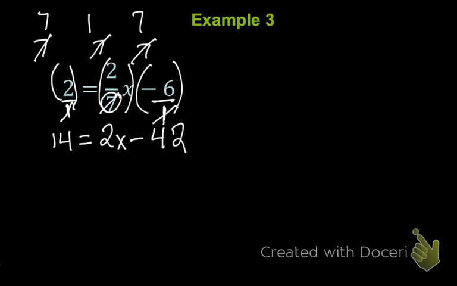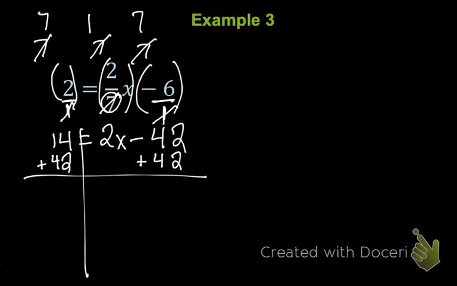And from here, we solve. We're going to add 42 to both sides. So 56 equals 2x. Divide by 2. 56 divided by 2 is 28.